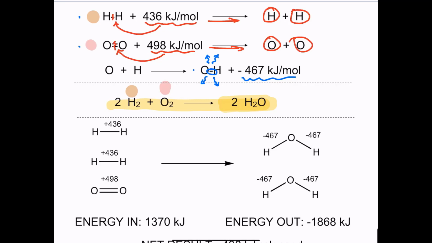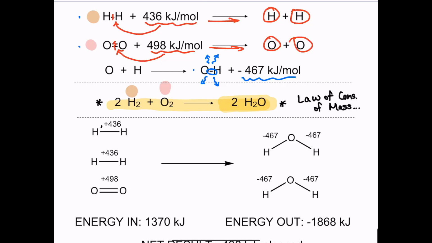We have to actually obey the law of conservation of mass here as well. Or in other words, we need to still make sure that this reaction is balanced. That's terminology that you all know from week 3 or 4 or something like that. And so you can think of it like this.